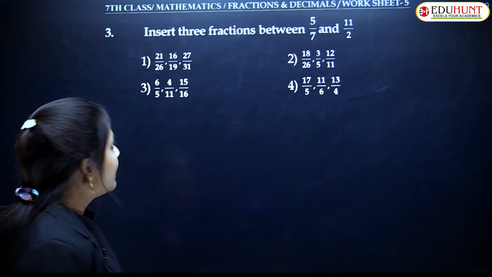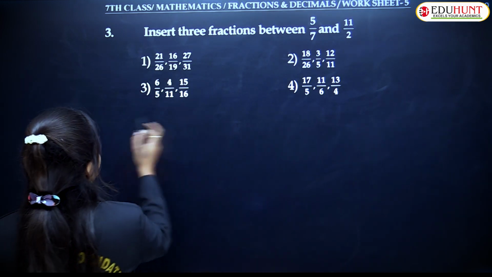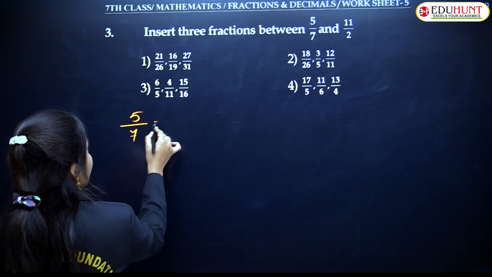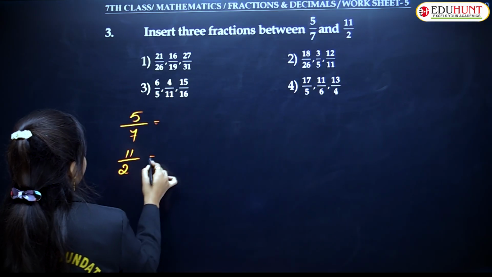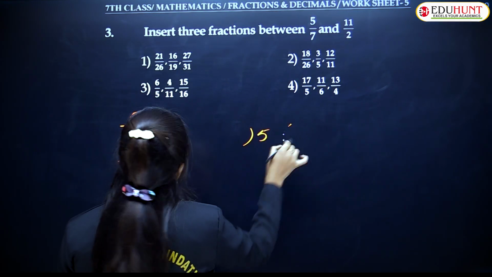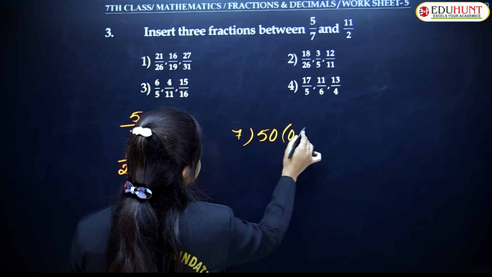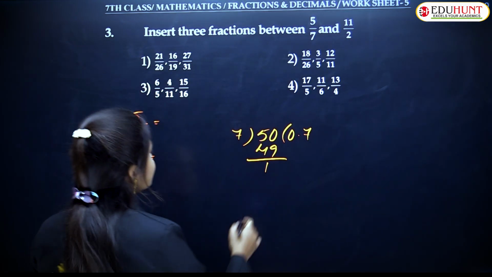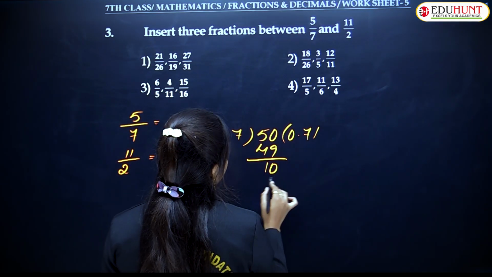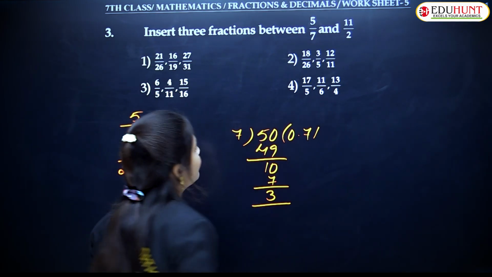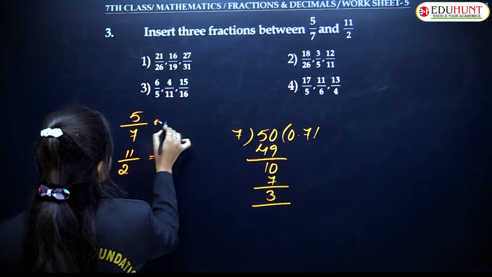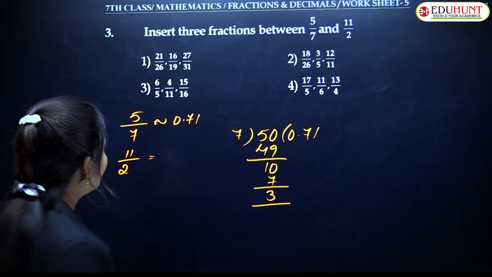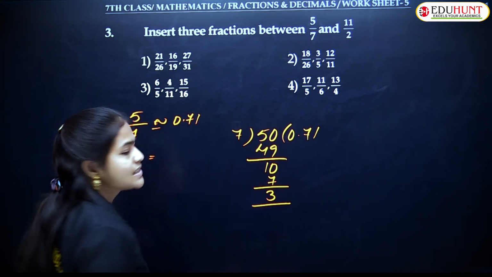Let us see here. 5 by 7, and the other one is 11 by 2. 5 divisible by 7: 0 and 0, 7 sevens are 49 and the remainder is 1, and still keep that 0 here, 7 1s are 7, so 3 is the remainder. Whatever it may be, this value is approximately equal to 0.71.